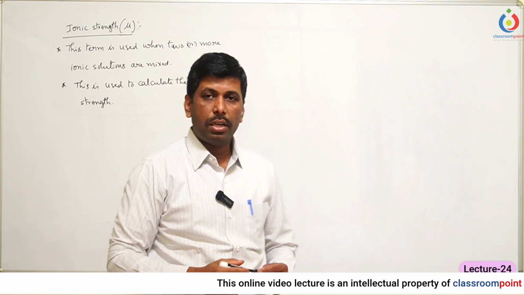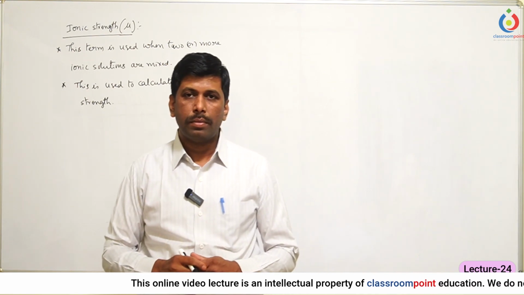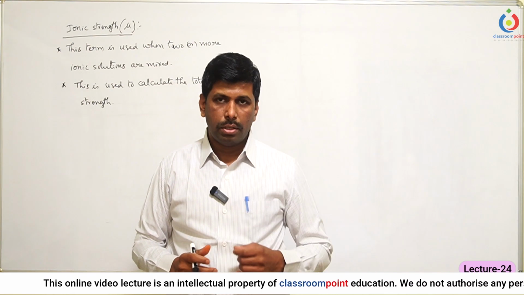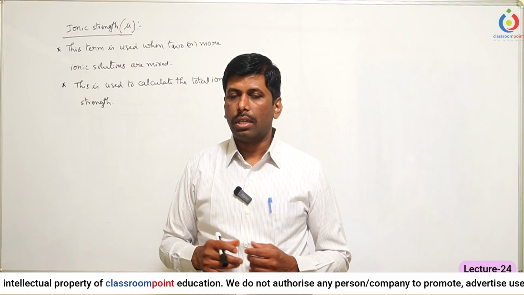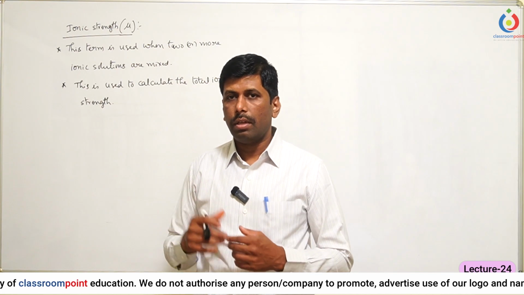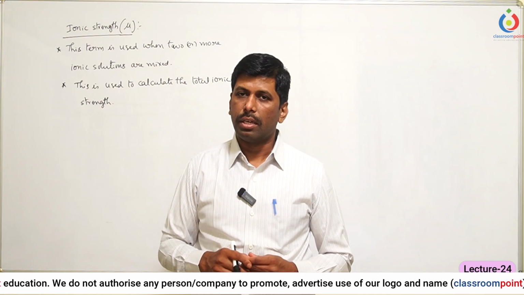Usually when ionic compounds are mixed together, their concentrations may change, or if you want to calculate the total concentration of the ions, then we go with ionic strength calculations.